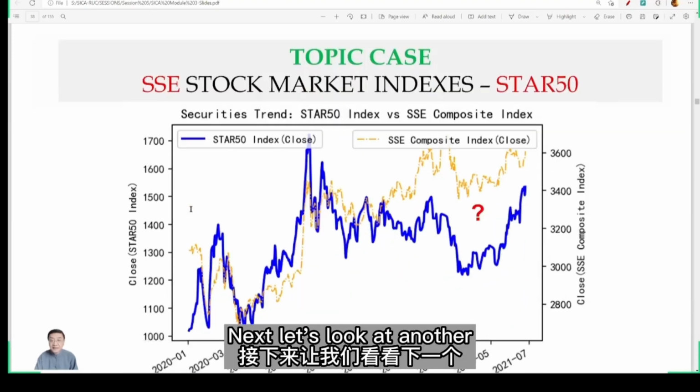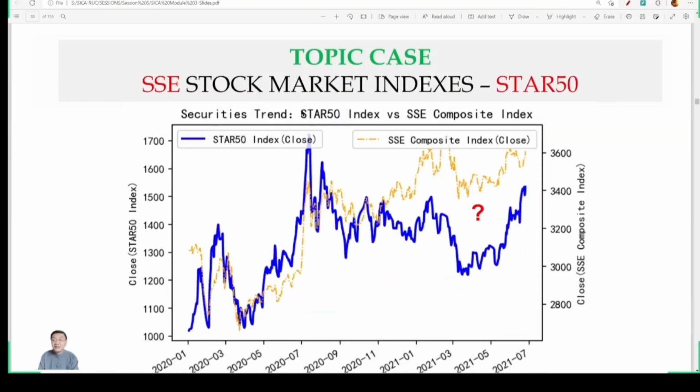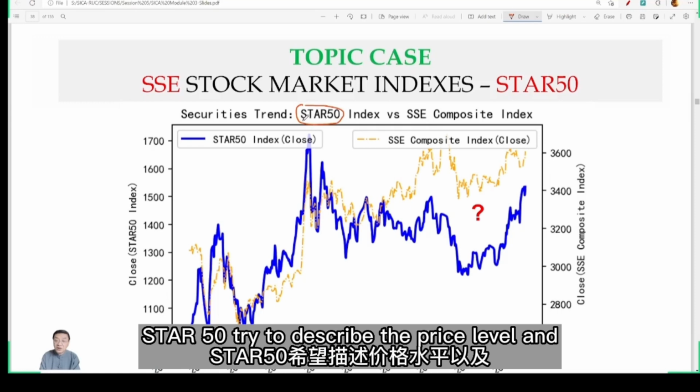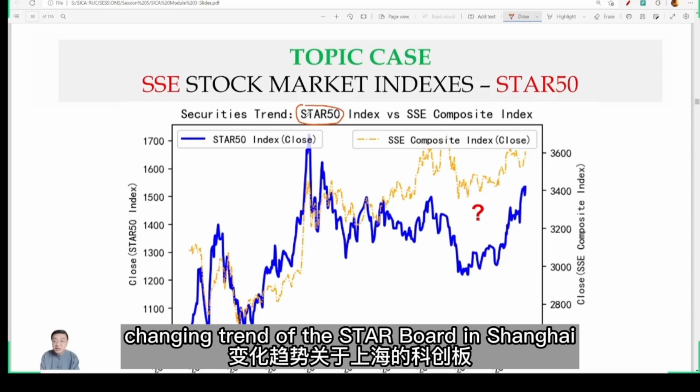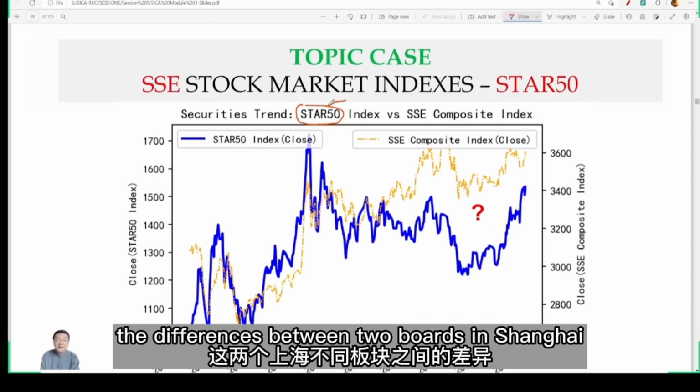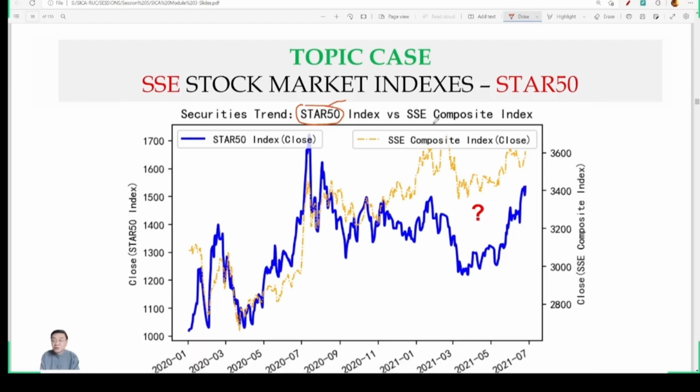Next, let's look at another market index in Shanghai. It's called Star 50. Star 50 tries to describe the price level and changing trend of the Star Board in Shanghai. Let's compare the differences between two boards in Shanghai.